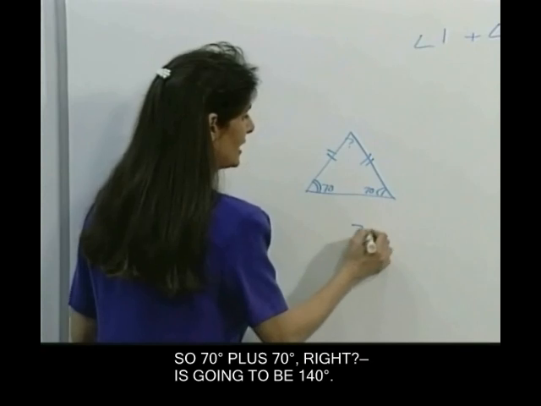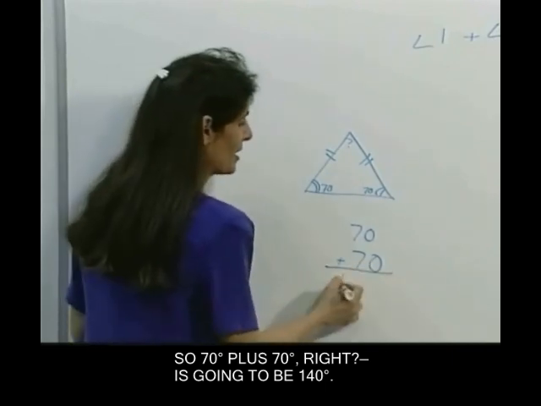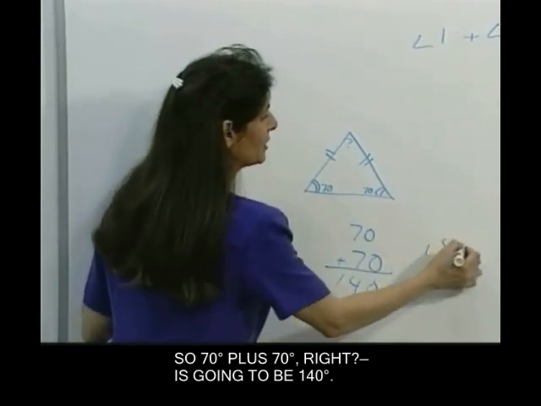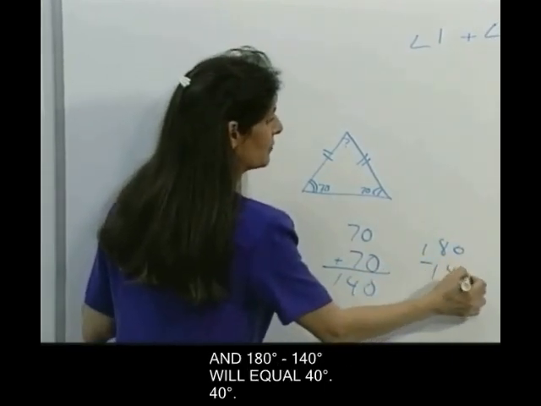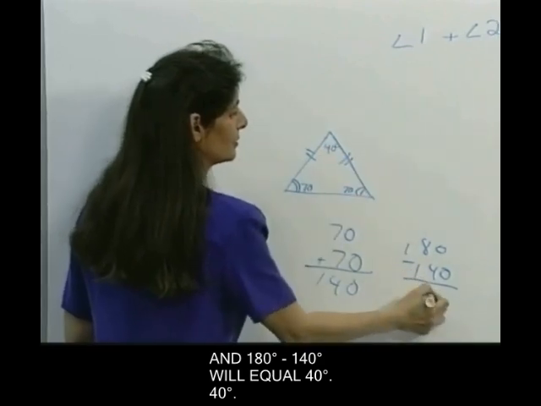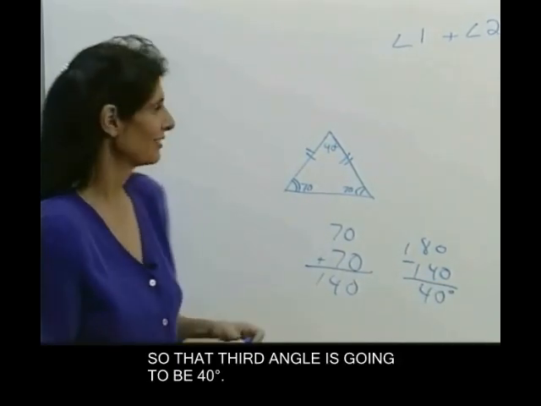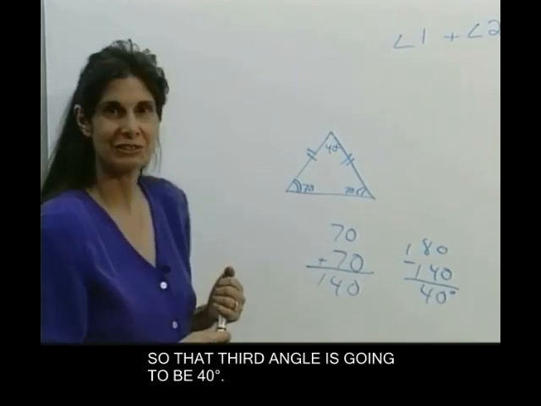So 70 plus 70 is going to be 140, and 180 minus 140 will equal 40 degrees. So that third angle is going to be 40 degrees.